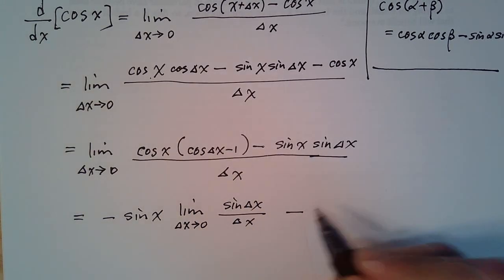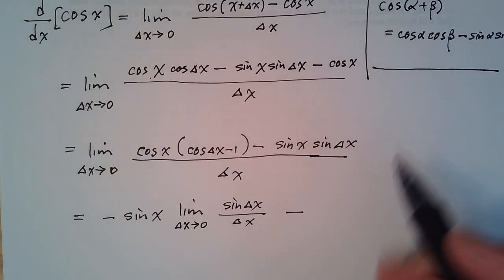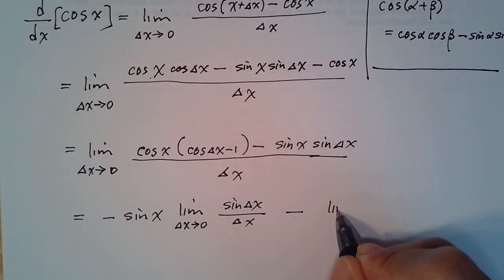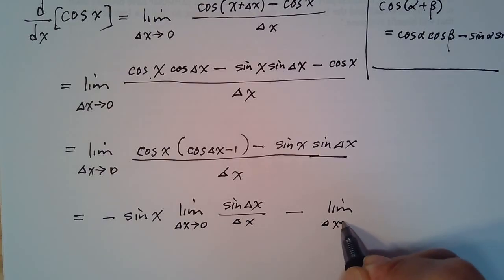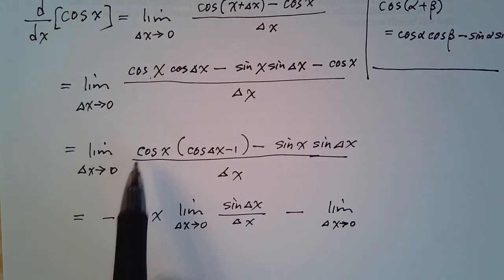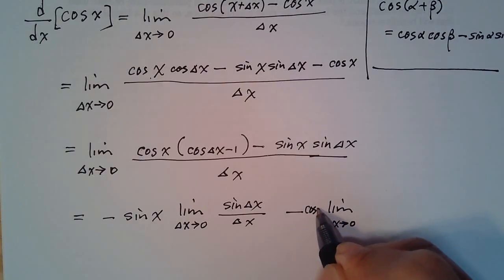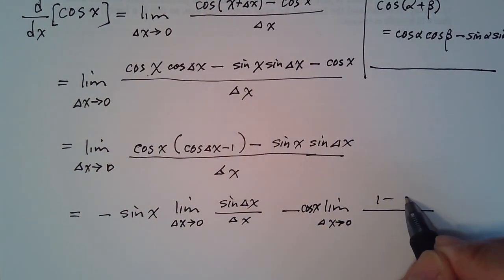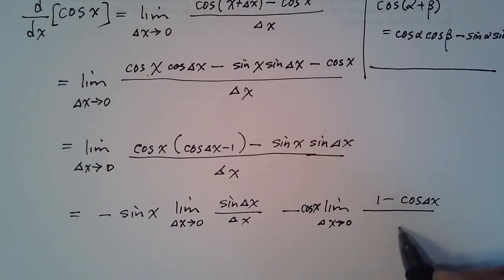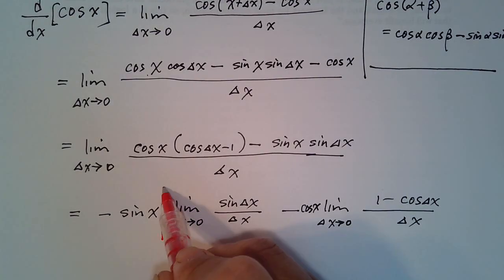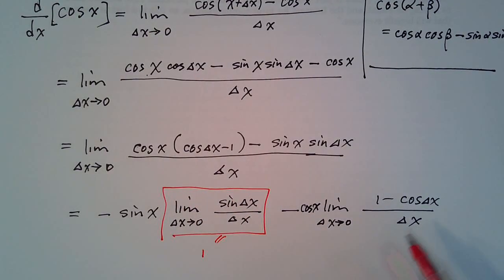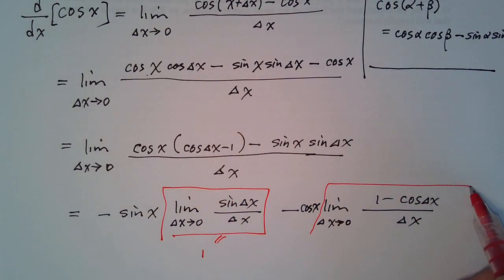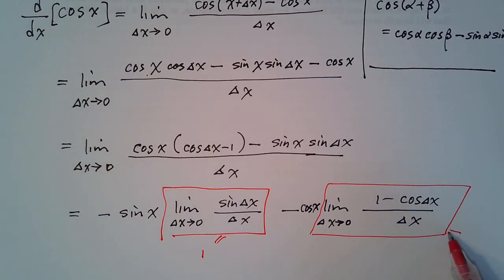Okay, then I'm going to minus, because I still like the 1 minus cosine part, the limit as delta x approaches 0, and then I take a cosine x out, and inside I get 1 minus cosine delta x over delta x. Okay, now this part is 1, and this part is 0, right? That's what we learned earlier.